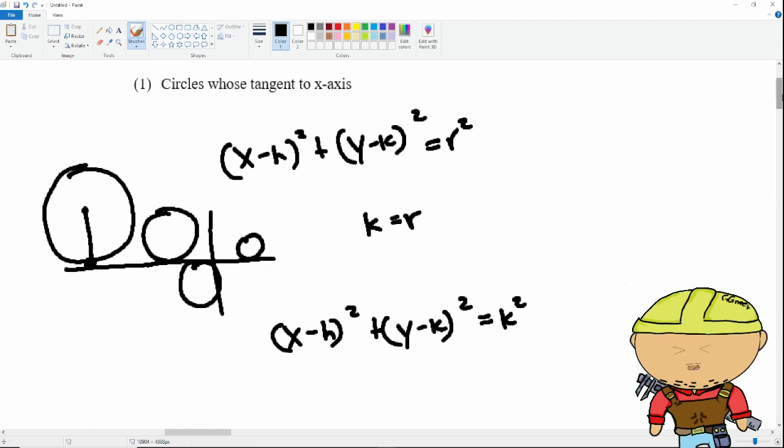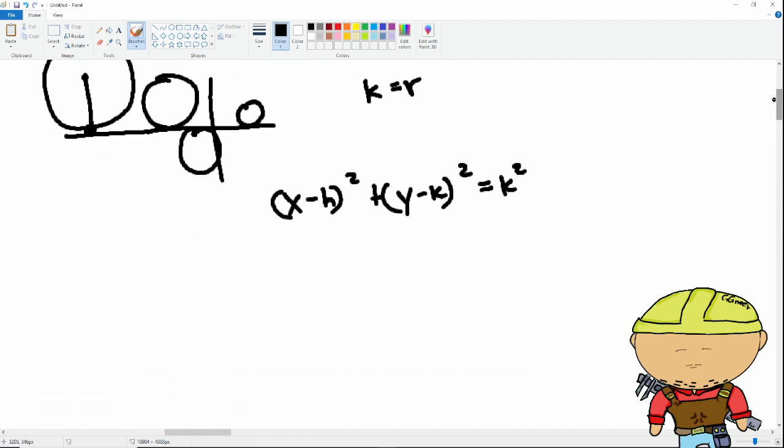So in this case we have two arbitrary constants. This is our initial condition. We have two arbitrary constants, h and k, or h and r. We are going to eliminate the arbitrary constants by differentiating the equation twice.